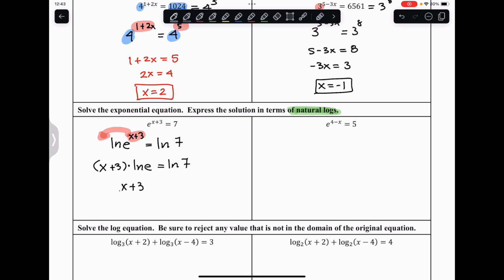On the right side, we'll just have the ln of 7, and we're going to subtract 3 from both sides. So this is your solution.